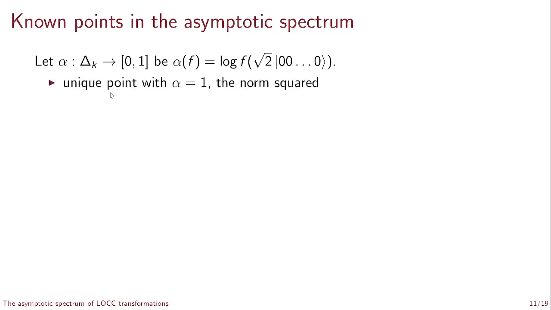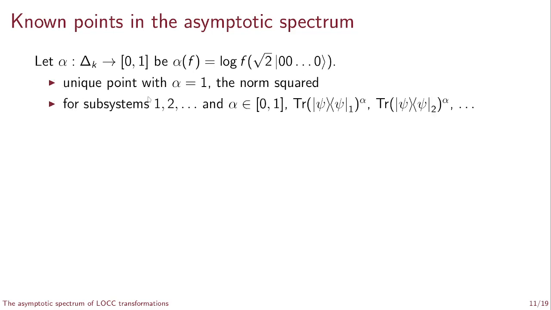So that's why this letter alpha is chosen. So first of all, there's a unique point where alpha equals 1. So there's only one f which evaluates to 2 on the square root of 2 times the separable vector, and that's the norm squared. That is easily seen to satisfy all these axioms. And for each of the subsystems, we can form the marginal Rényi entropies.